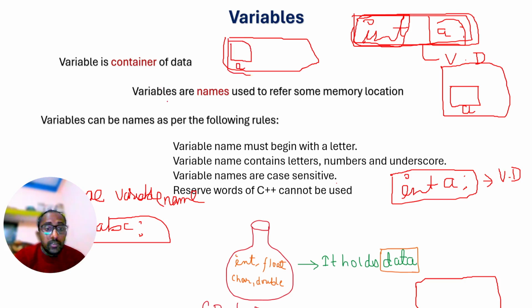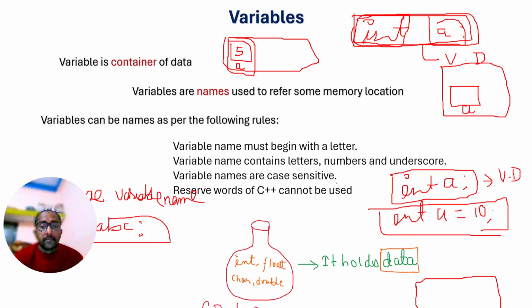If you did not put any value, that is declaration. If we keep some value, that is called variable initialization. Suppose int a equal to 10, this is called variable initialization. After the statement, we have to use a semicolon to end the statement.